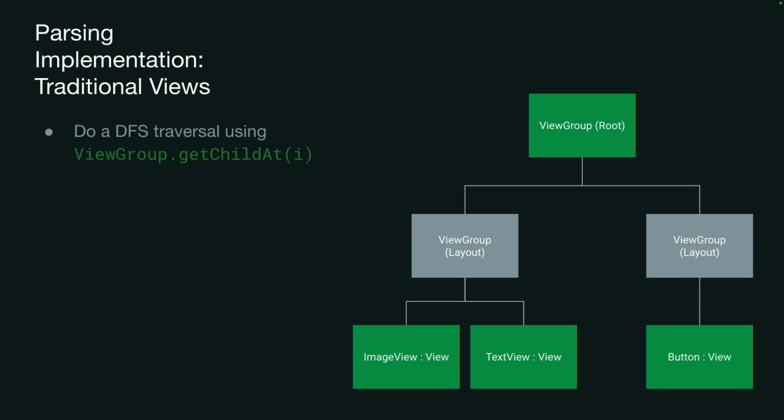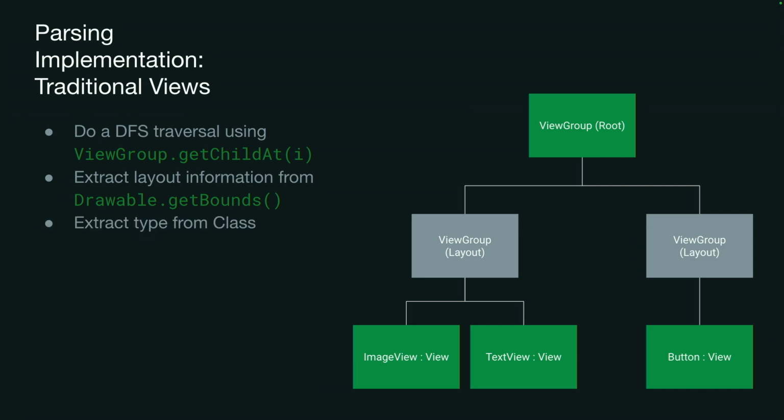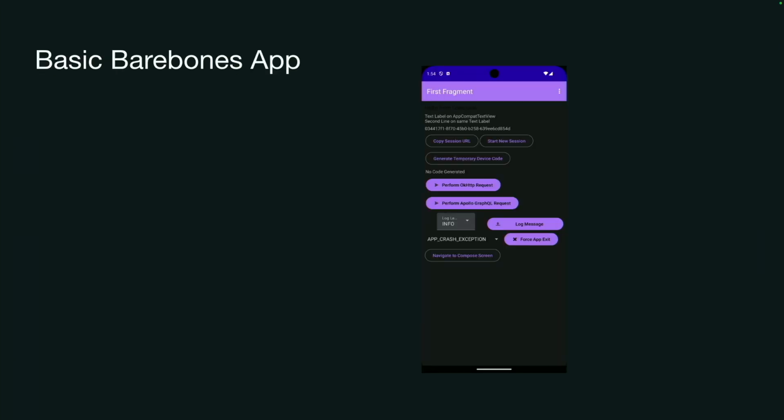You do, in this case, a depth first traversal of the tree using getChild on all the children of the view group. Then you get the layer information from the getBounds method, and then you derive the type from the class. And that gives you enough information to represent 90% of what you care about in the screen.